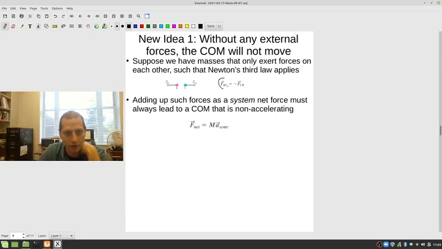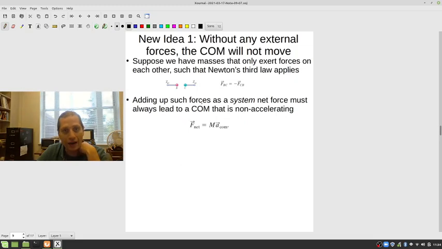And every time you have an F BC, you have a minus F CB acting, as in this picture. And your F net that applies for your center of mass is going to include both of those. So every time you have one of these forces in your net force, you have the other one as well. Those sum up to 0.